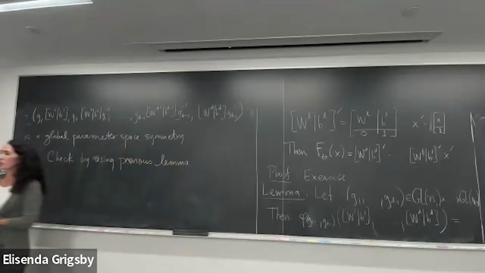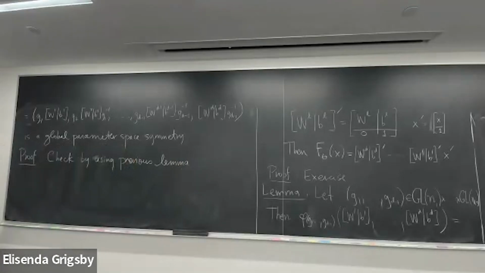So the point is that the Gs and the G inverses cancel. And so it's clear that the function doesn't change. Okay, any questions about that?